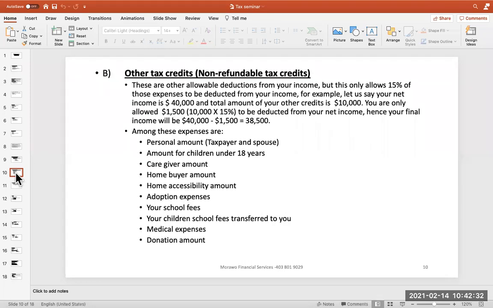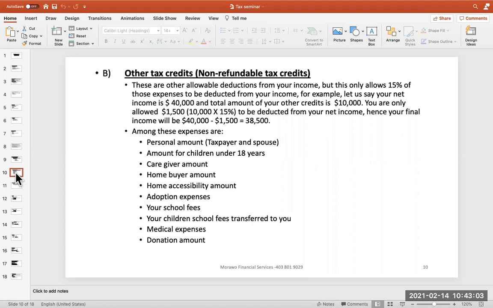So the second one that is taken into consideration in arriving at your taxable income is what we call other tax credits. And these are called non-refundable tax credit. So don't worry about that. It's a big term we use. So these are other allowable deductions from your income. Just like the other one we look at, deducted from your income.